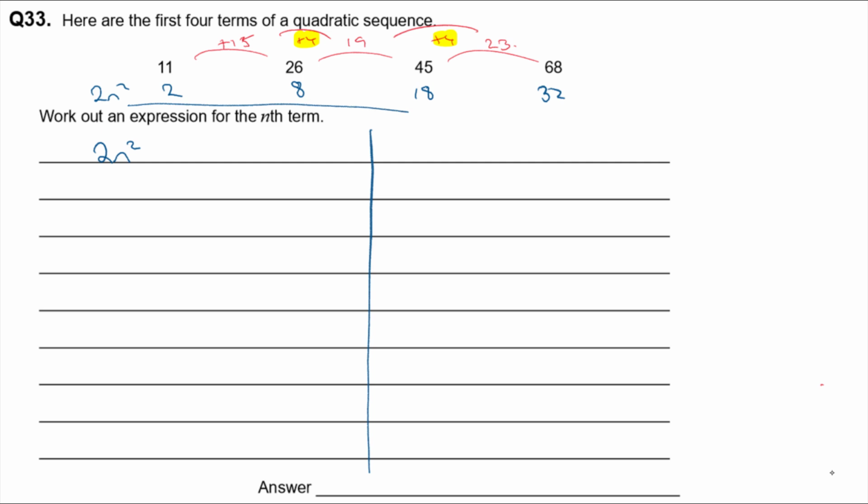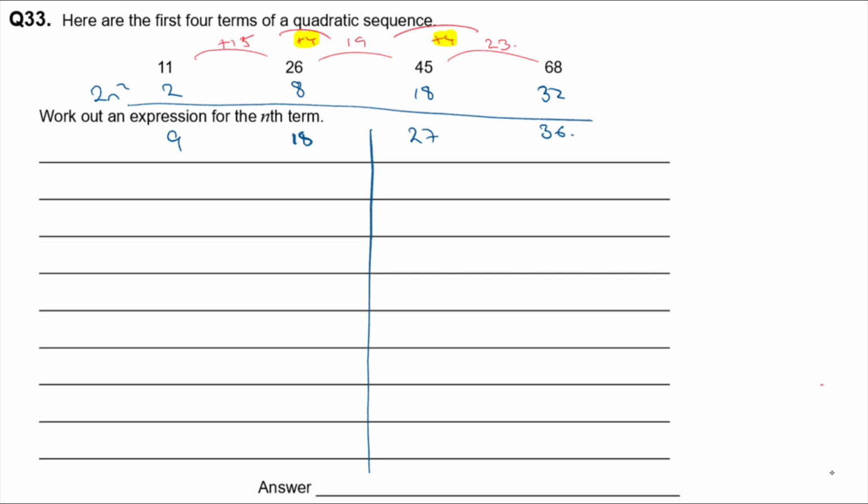Okay, and if you then subtract those numbers from your original sequence, we're going to get 11 subtract 2 is 9, 26 subtract 8 is 18, 45 subtract 18 is 27, and 68 subtract 32 is 36.